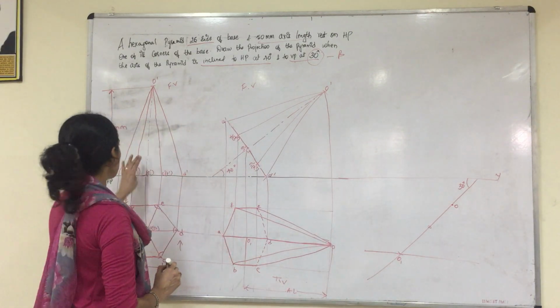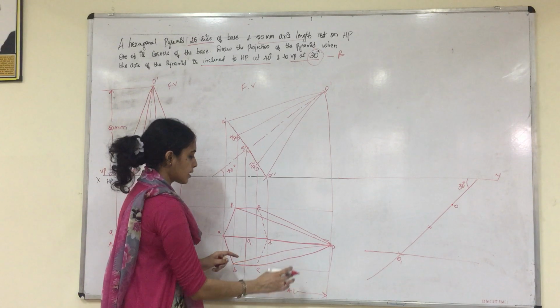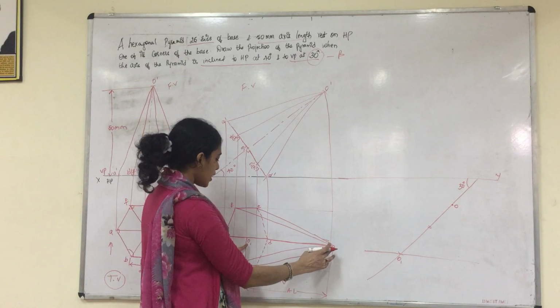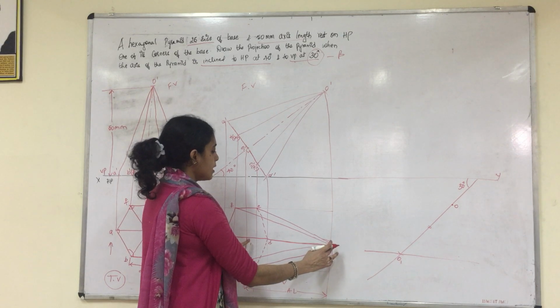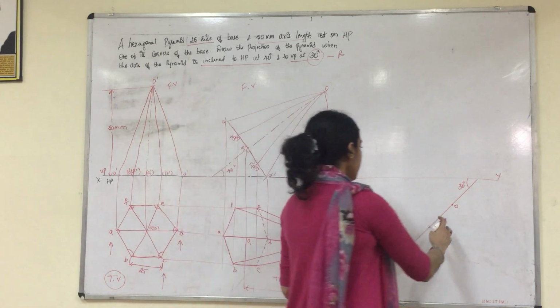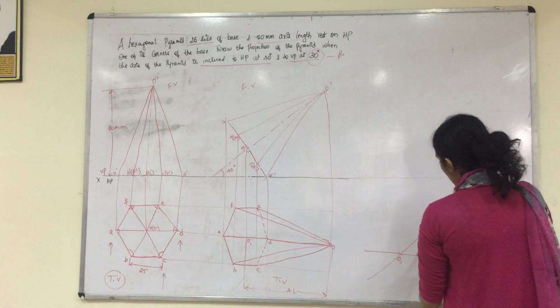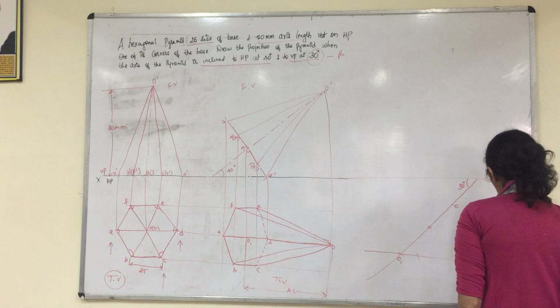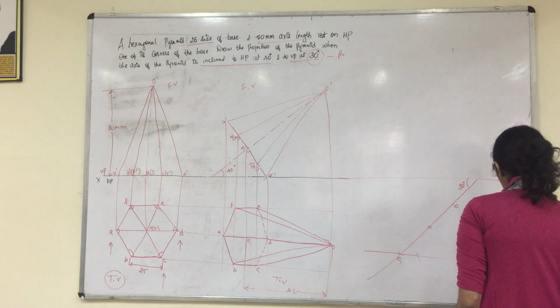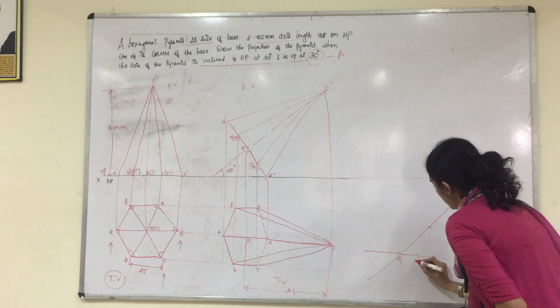After showing the true length, come back to the second stage and measure the apparent length of the axis. So from O to O1, what is the distance you measure? Same distance you come here, keep one end of the point fixed and just cut an arc on the locus of O1. So this is the locus of O1.